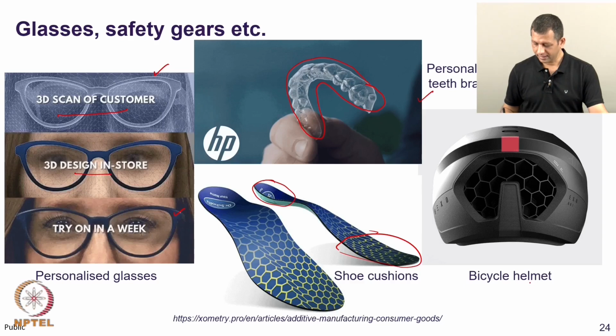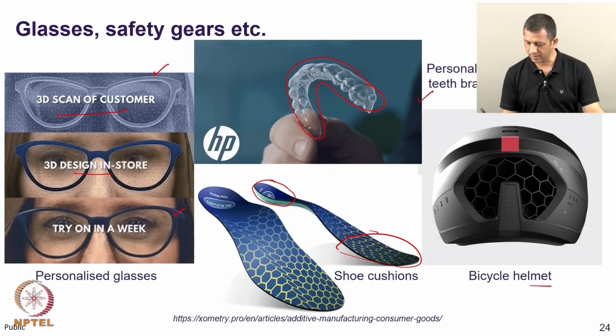On the right side, there is an example of bicycle helmet, which has various complicated geometries, and depending upon the safety norms, various parts of this helmet uses various materials.